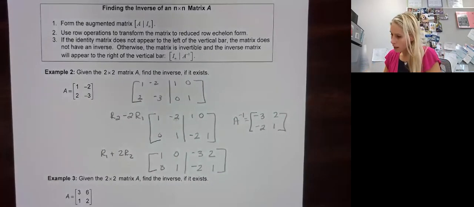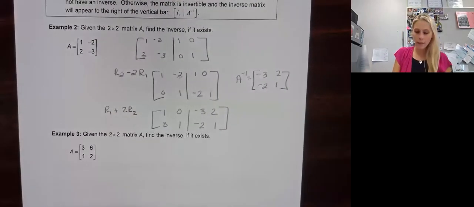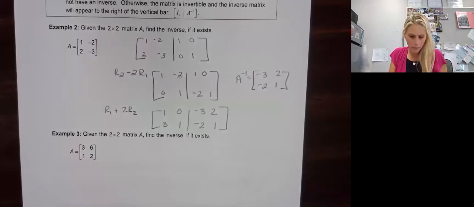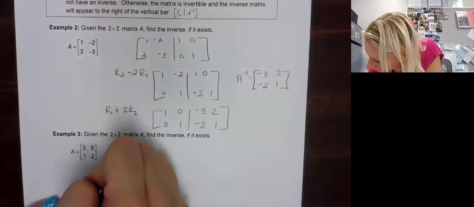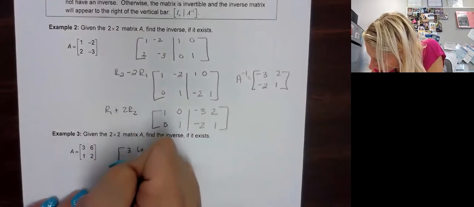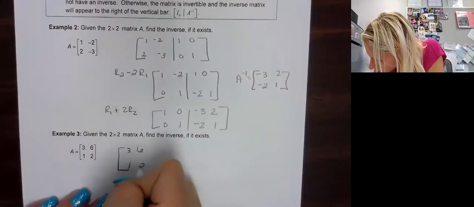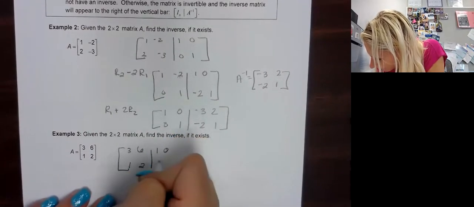Now, given a 2 by 2 matrix, find the inverse if it exists. So this is just us doing it again, to test it out and see if it's actually working. So let's see what happens. 3, 6, 1, 2, and then our identity.